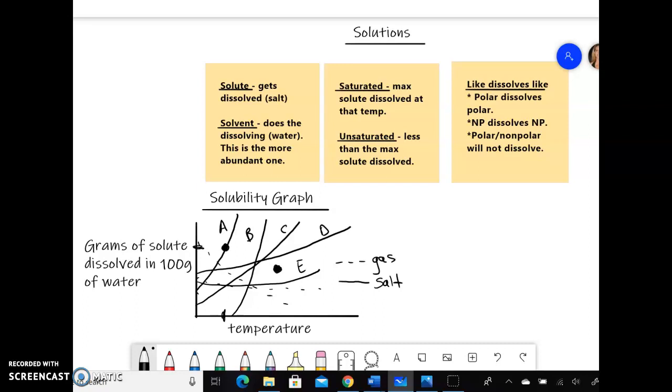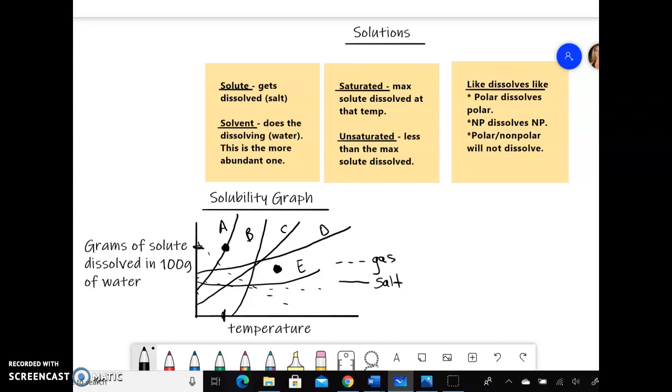This point over here with A is saturated. So the points on the line are saturated. If the point is under the line, then it's unsaturated. And there are some examples in your progress check with a graph like this, the actual graph, not my drawing of a graph, so you can check and see if you understand what this graph is showing.